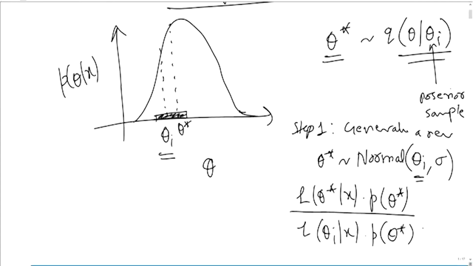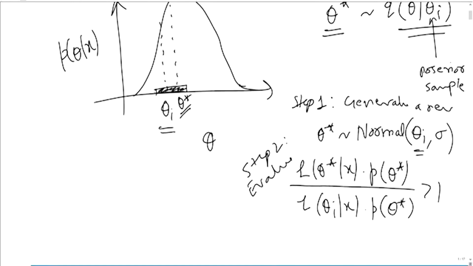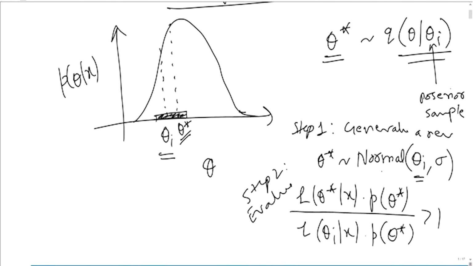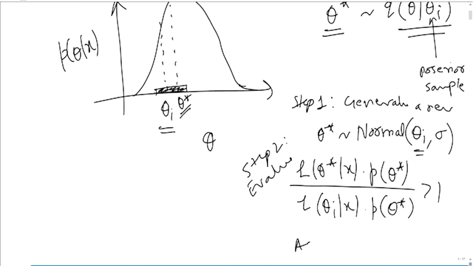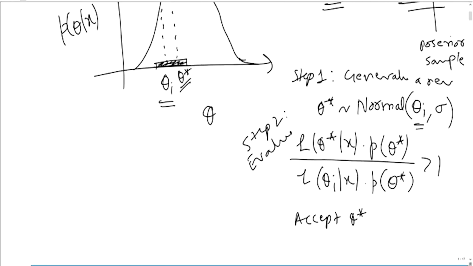So if this is the case, then you would accept this new proposal theta star. This is step 2, where you are evaluating the proposal. Okay. So if this ratio is greater than 1, so basically the posterior density of theta star is greater than that of the current state of the chain, then you would accept theta star as a new sample from the posterior.